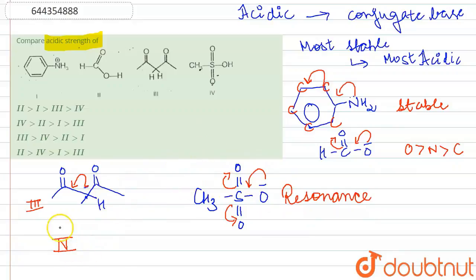Hence out of the following, option number 4 is most acidic, followed by option number 2, then comes option number 1, and then comes option number 3. So this is your correct order of acidic strength because of the correct order of the conjugate base. So out of the following options, option number 2 is the correct answer.